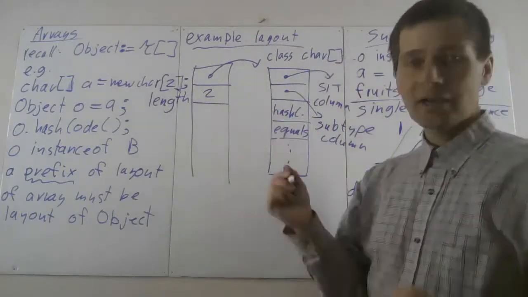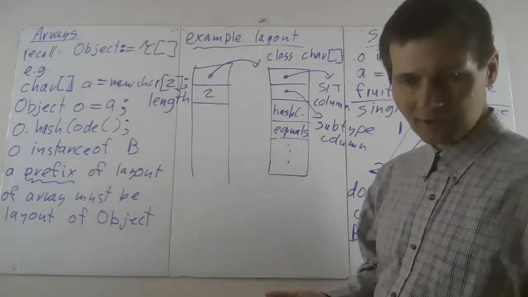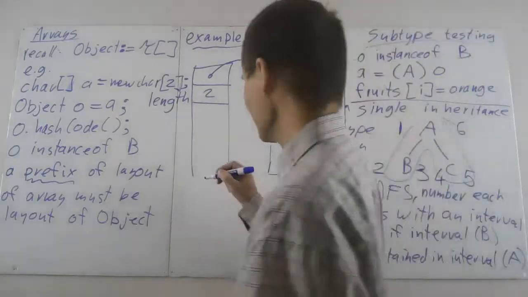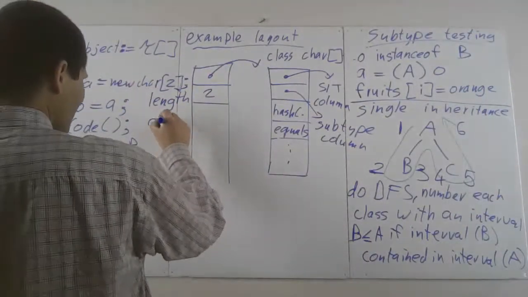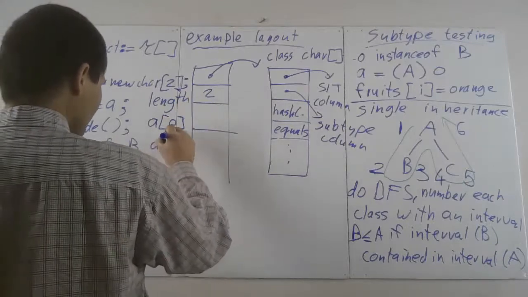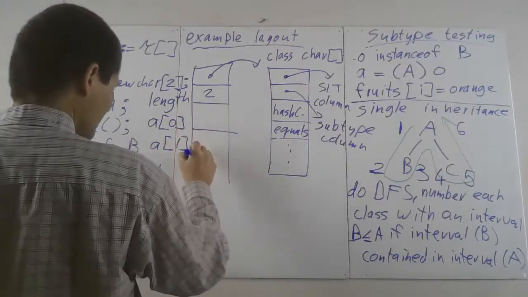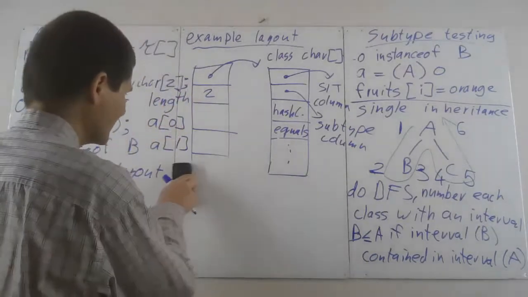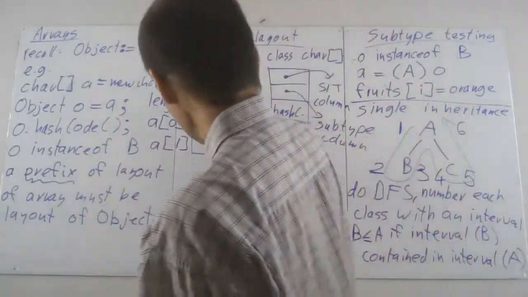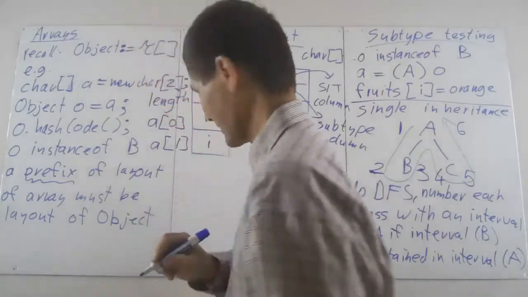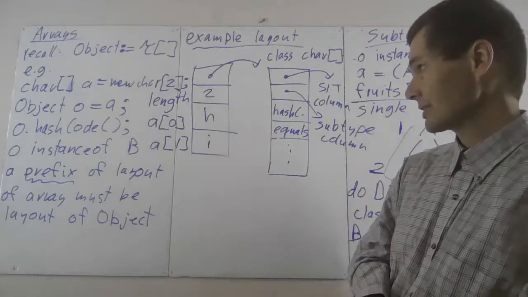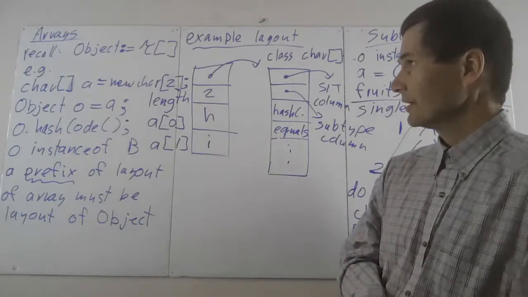In addition, an array has to have a length. And then finally, you can have the elements of the array. So A[0] and A[1] in this case, it's an array of length 2. And so there you can have the actual elements. So let's say H and I, right, for an array of characters, H and I, hi.